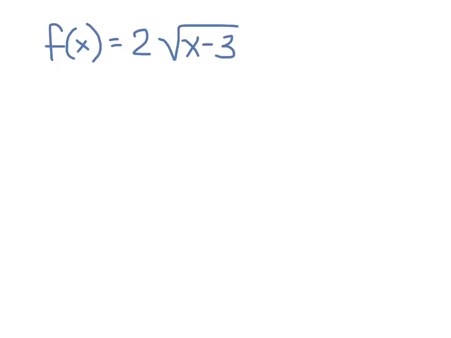Let's give you this one. Determine whether the inverse of f is a function. Is the inverse a function? If I sketch the graph for that, which just means plug it into my calculator and see what it looks like, will it pass the horizontal line test?